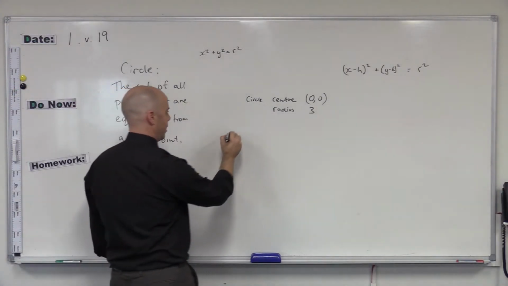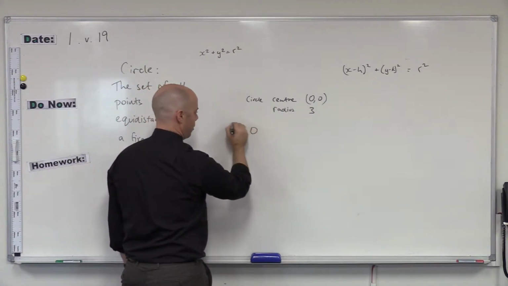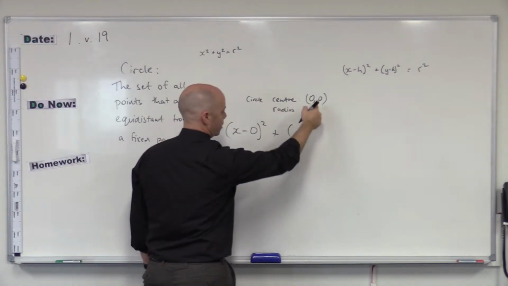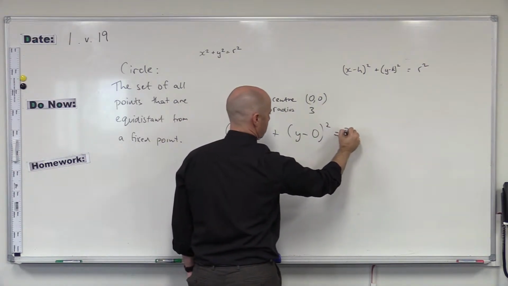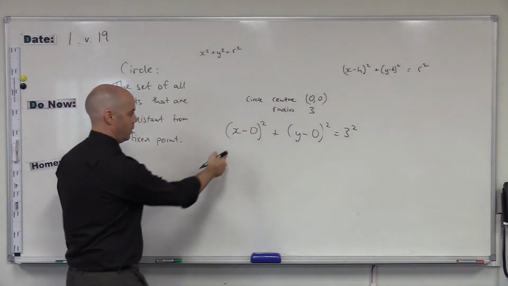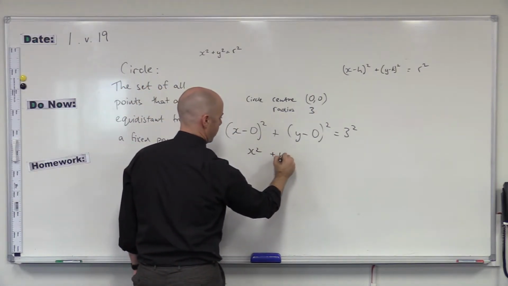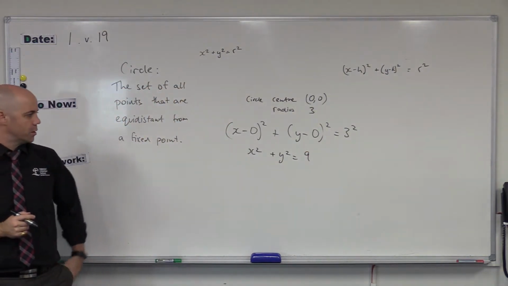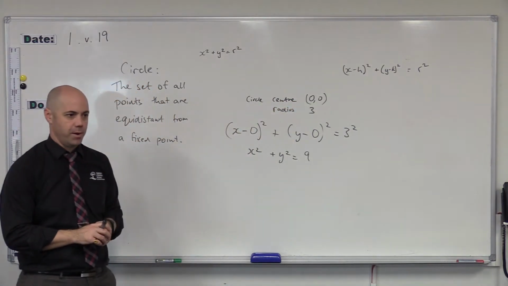I say, alright, x minus the x value of the centre, 0, all squared, plus y minus the y value of the centre, 0, all squared, equals the radius squared. I can simplify that. What's that? Just x. What's that? Just y. What's that? No. That is the equation of a circle at centre 0, 0 with radius 3.